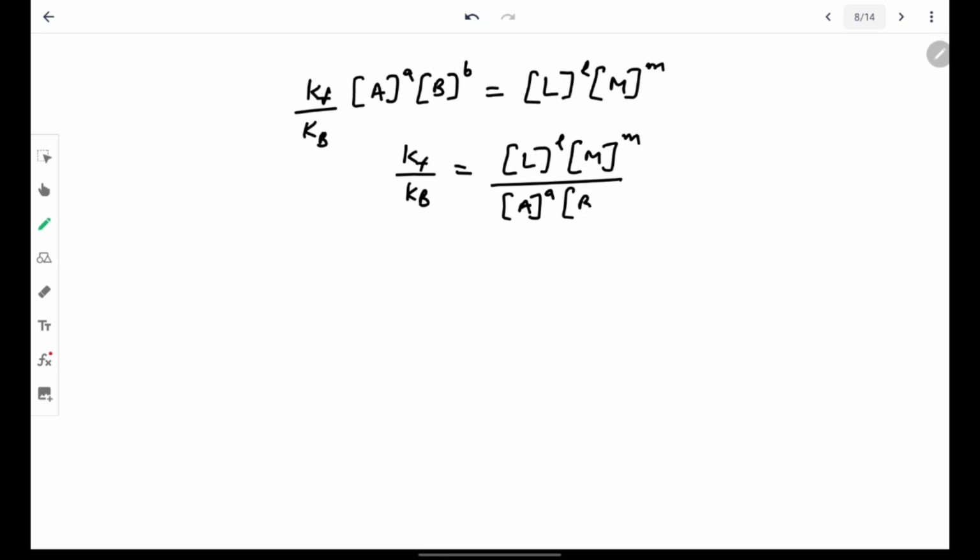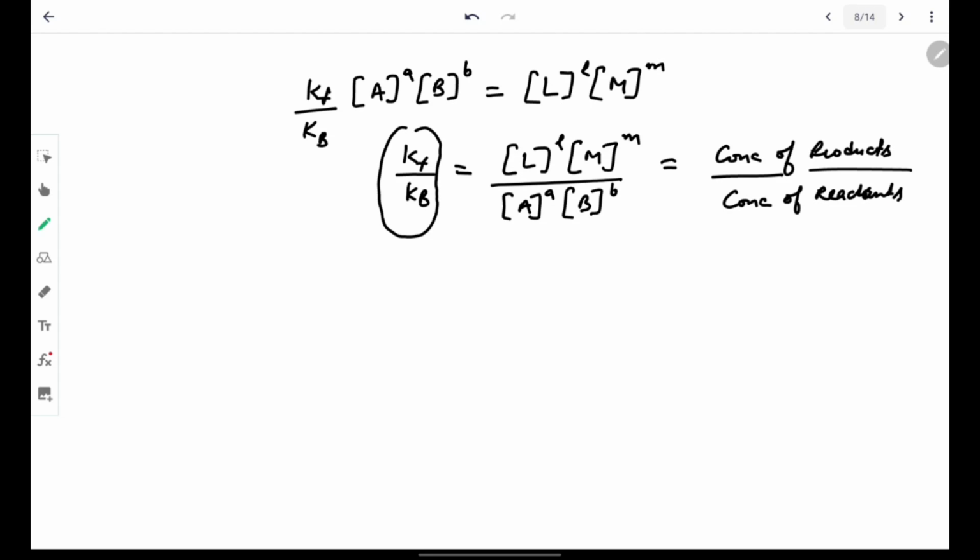or we can say that this is the concentration of products divided by the concentration of reactants. This term Kf by Kb is generally represented by K, or we sometimes represent it as Keq, which is called the equilibrium constant.